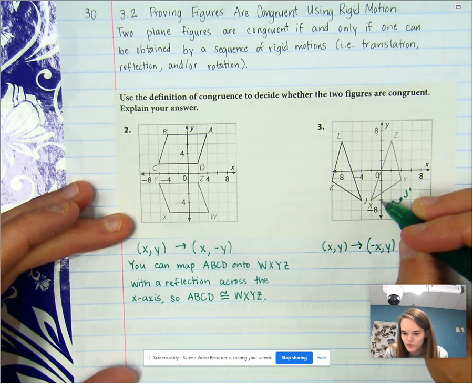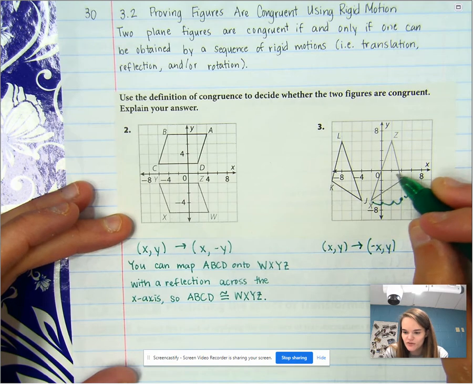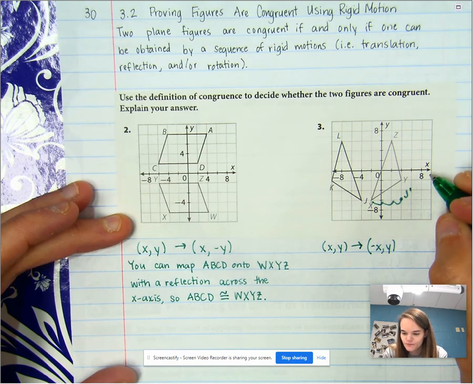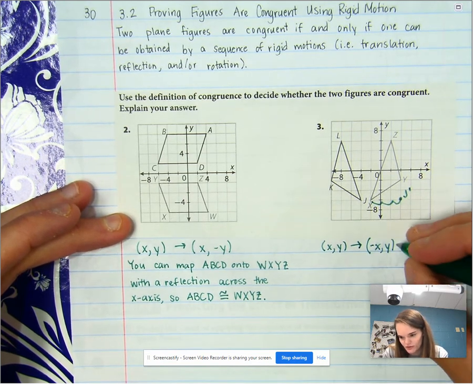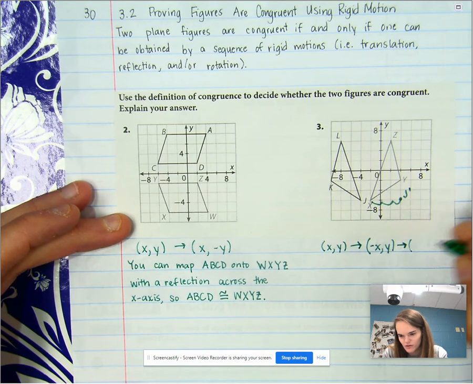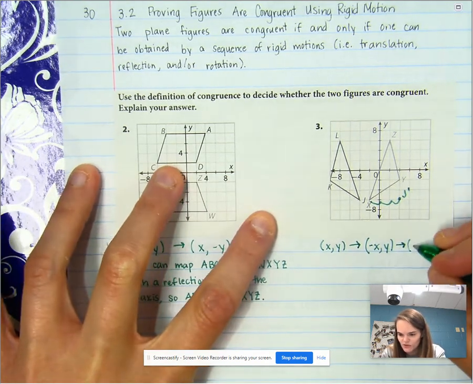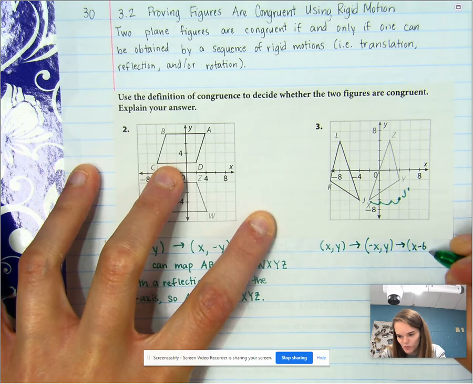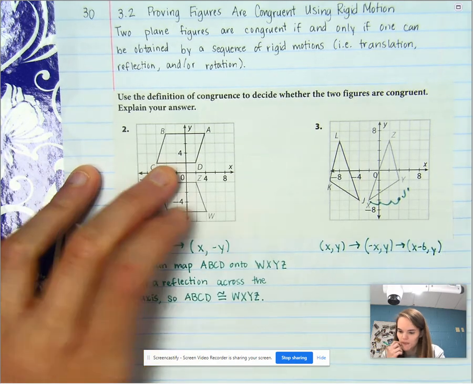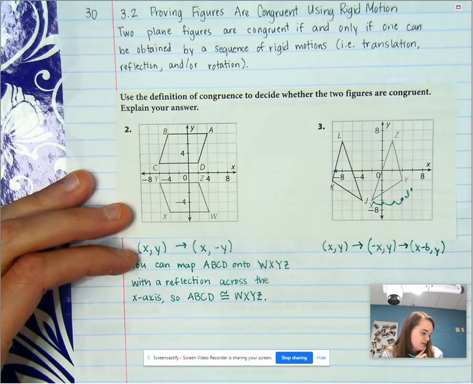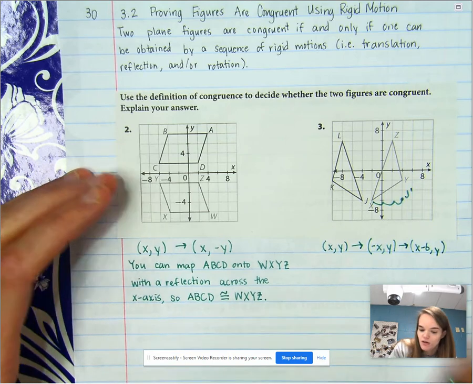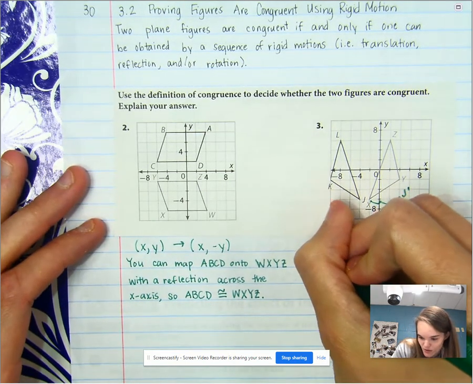1, 2, 3. But it's not 3. This is counting by 2's. So it would be over 6. So x minus 6, but the y stays the same. That's what I'm thinking we could do. Of course, we could do something else. So we can do it, though.